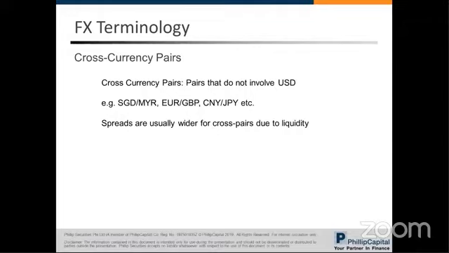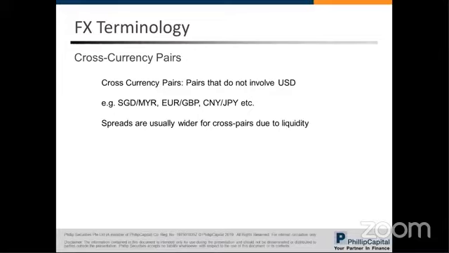Likewise, you have popular ones such as EUR/GBP, which shows how many British pounds are paid for €1. And then we also have CNY to JPY, which is renminbi to Japanese yen, etc.